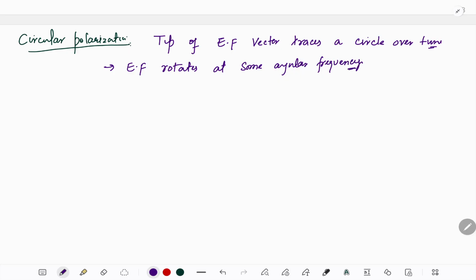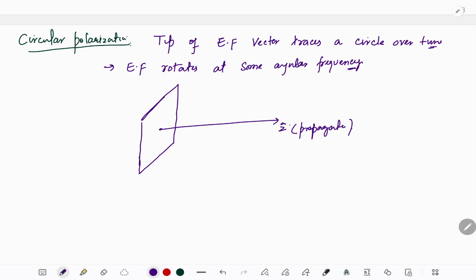So basically, if we make this plane in which the electric field and the magnetic field are there, this is the z direction, the propagation direction. The wave is again propagating along the z direction. Now what happens: if the electric field is in this direction at some time, after some time it will move to this direction, then this direction, then this direction, then it goes back to this direction.